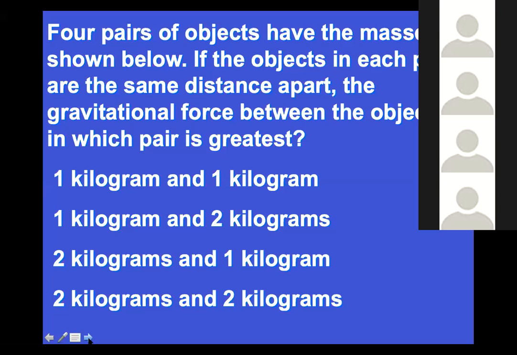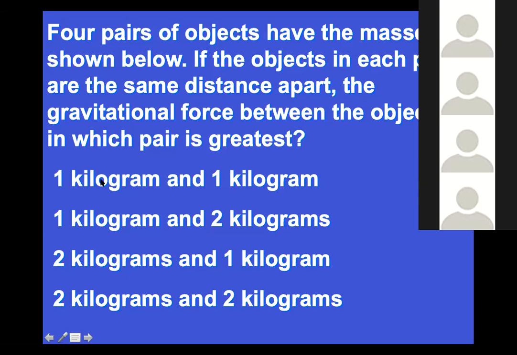Okay, so here's a question for you to see how you are understanding this law. If you have 4 pairs of objects that have these following masses, if the objects in each of these are the same distance apart, which one has the largest force of gravity?